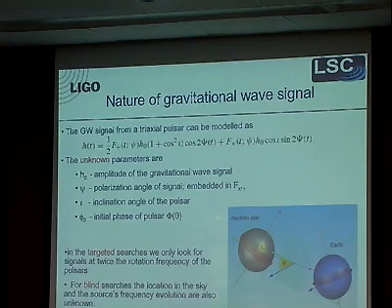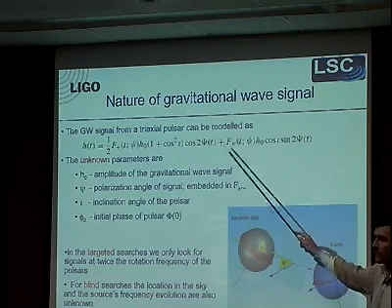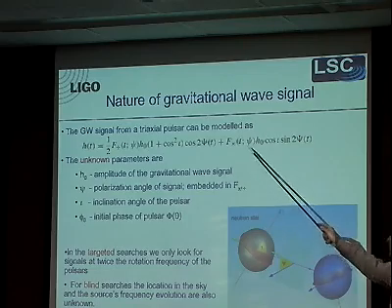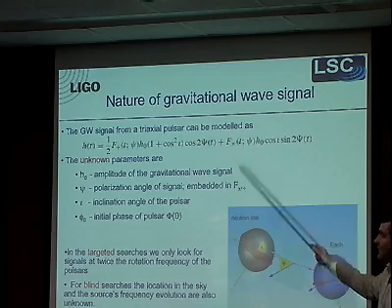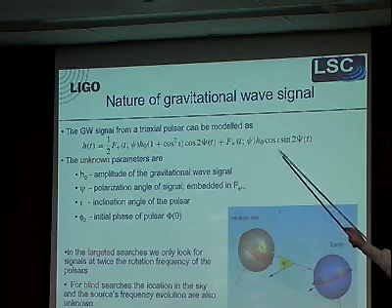So the signal produced from such a triaxial neutron star can be modeled as this. The emission will be at twice the rotation frequency of the pulsar, which is 2φ(t) here. F plus and F cross are the antenna patterns of the interferometers, which depend on time as the Earth rotates, and the polarization angle of the signal, the amplitude, and cos iota.